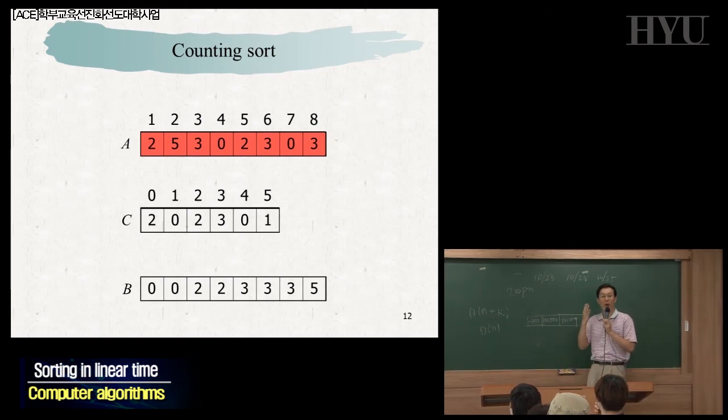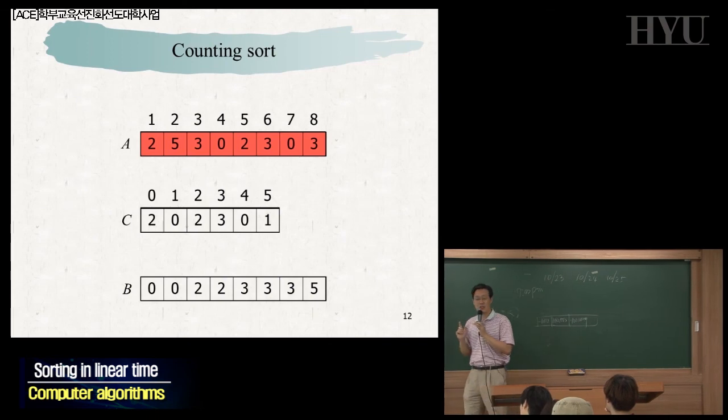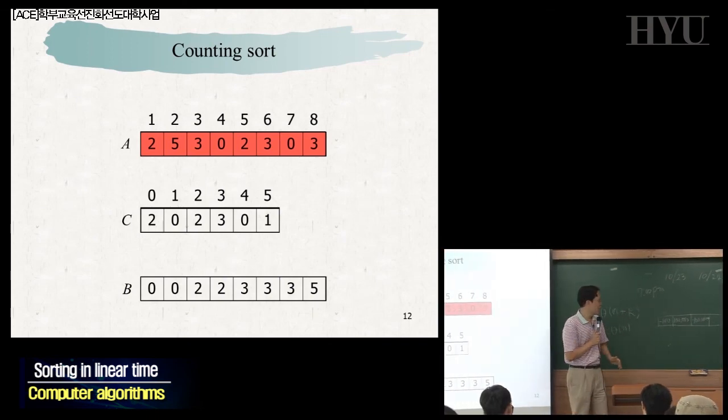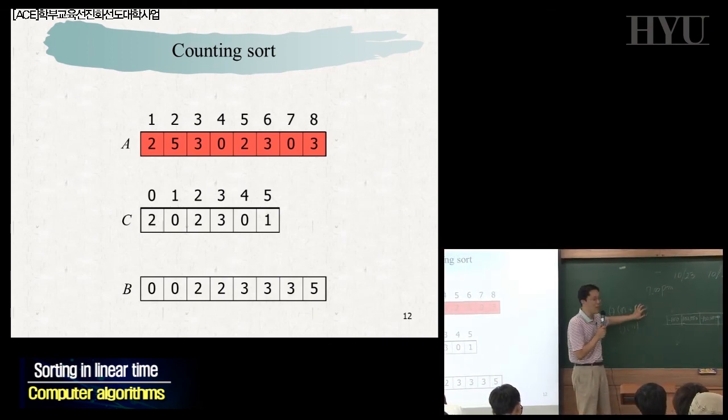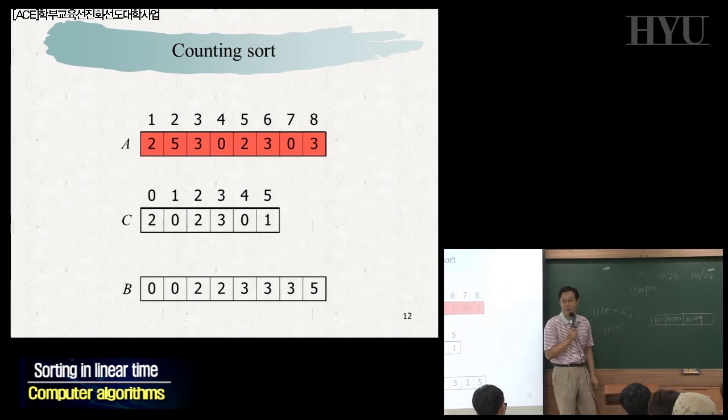We have only 4 elements, but k is very big. So k is the dominant factor, so its running time is theta of k. So this counting sort is effective only when k is small, and it runs in linear time. That is important.